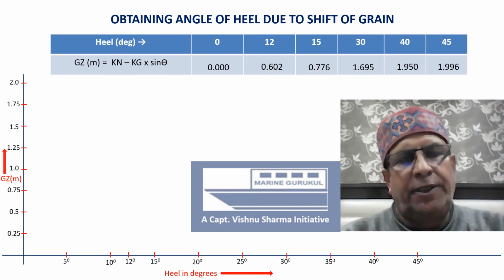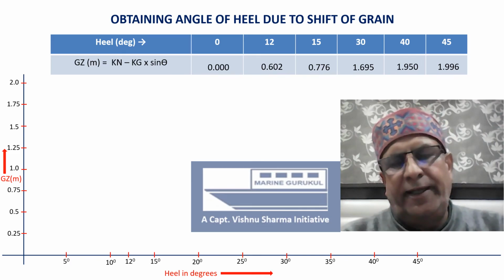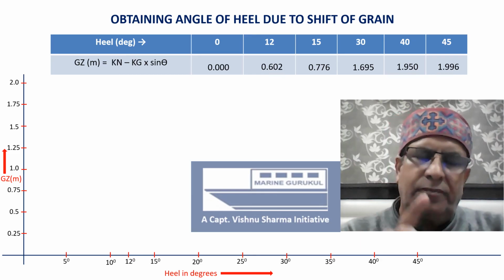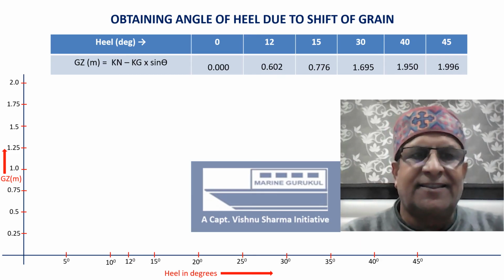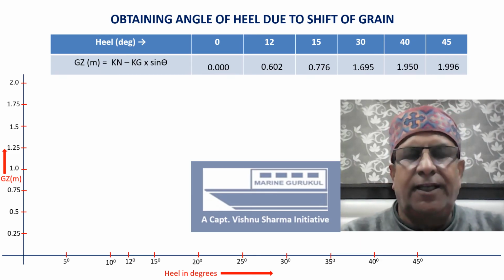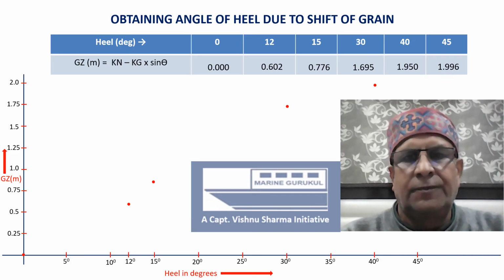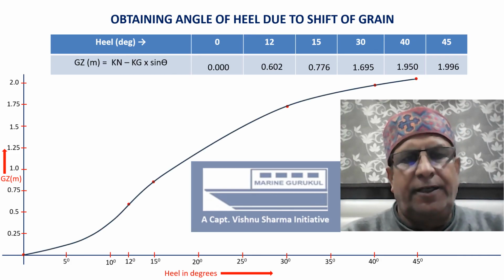Whereas I have been able to expand my x-axis scale because I have to draw only up to 45 degrees, I had to condense the GZ scale because my GZ values have to be plotted up to 2 meters in this case. We plot the given values and join them with a freehand curve.